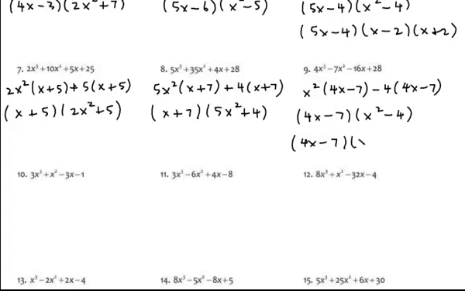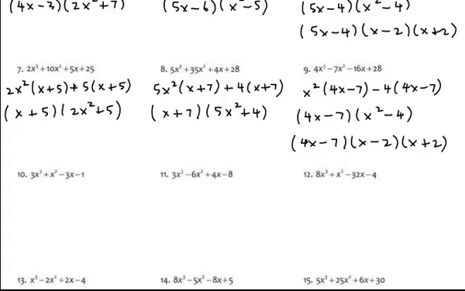Leaves me with 4x minus 7. Minus 16, take away the 28, has a minus 4 in common. Leaves me with a positive 4x minus 7. And looky there, just like the 2 right above it, we can factor that difference of squares. Just a quinky-dinky that all those were there.